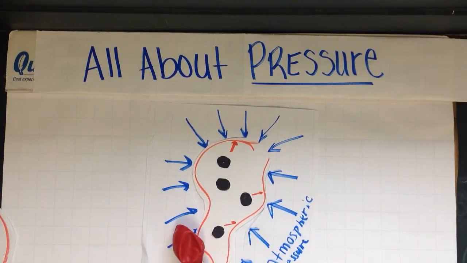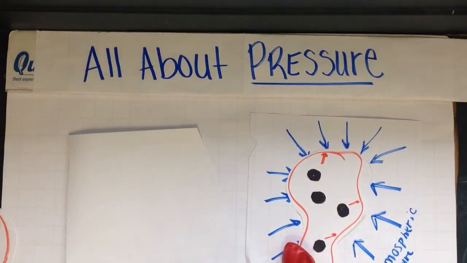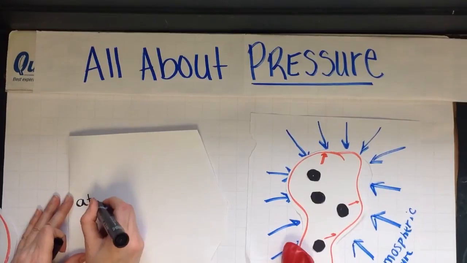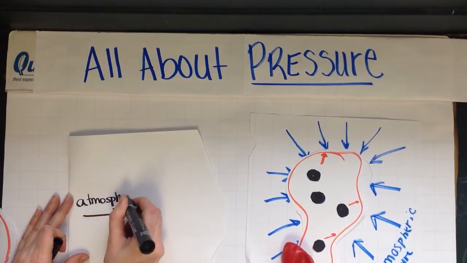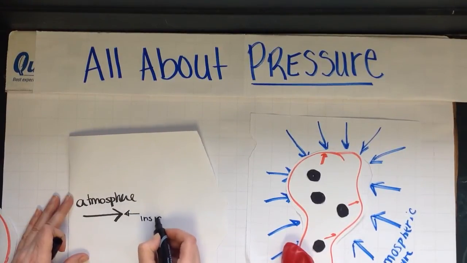So in a sense, the arrows are not the same. So let's show what that means, okay? In this instance, the atmosphere's pressure is a lot more than the inside of the balloon. Notice the smaller arrow inside the balloon.